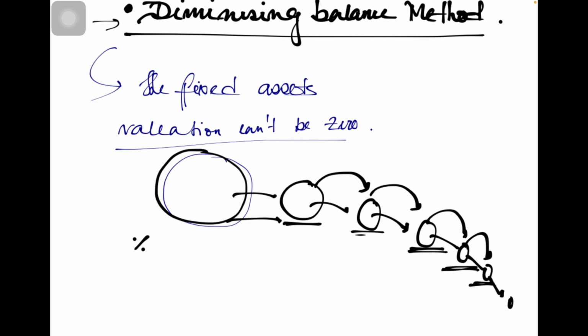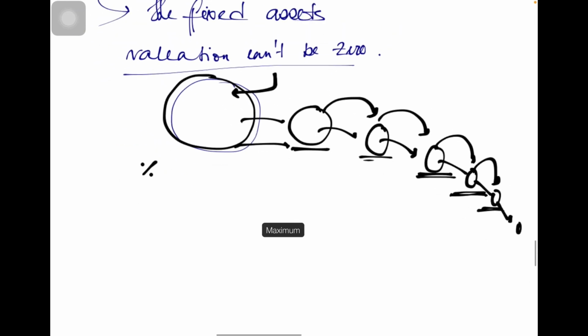The question comes, why? Even if the percentage is equal, why is the depreciation amount getting reduced? Simple answer, brother and sister, we are not charging the depreciation upon the original cost. We are charging the depreciation on the right value of the machinery.